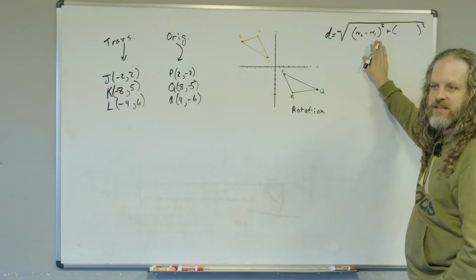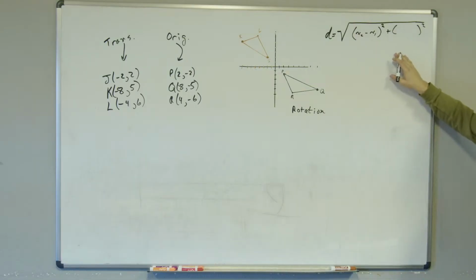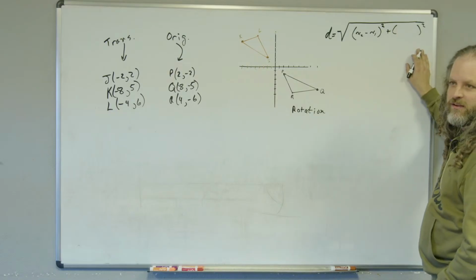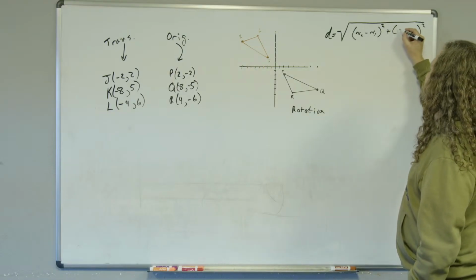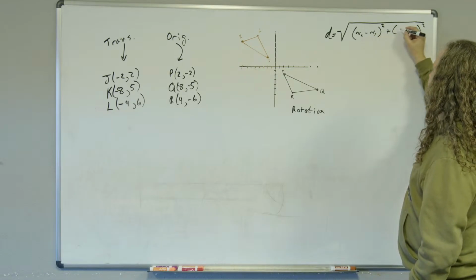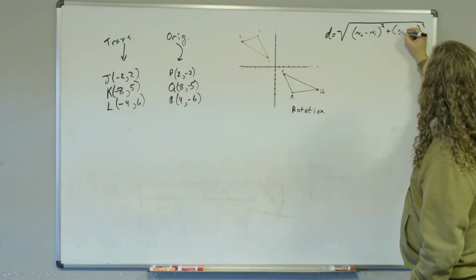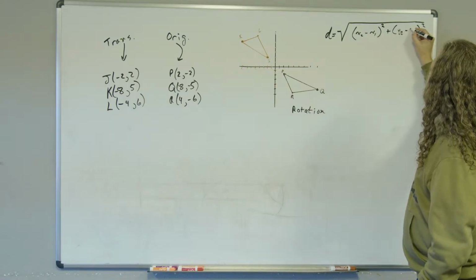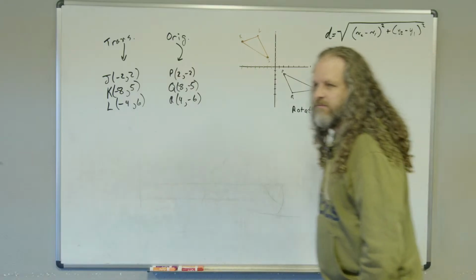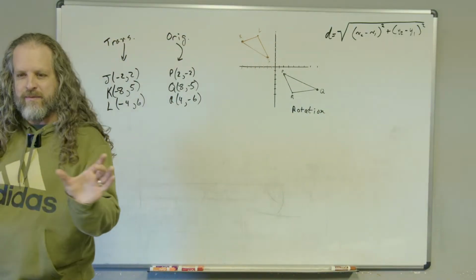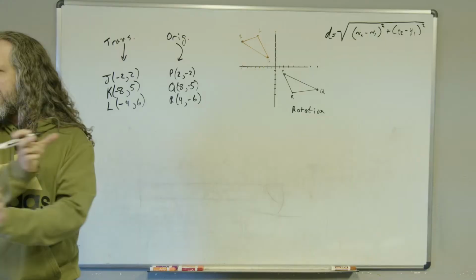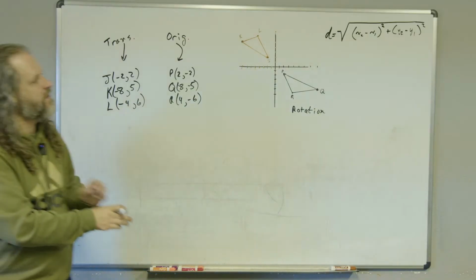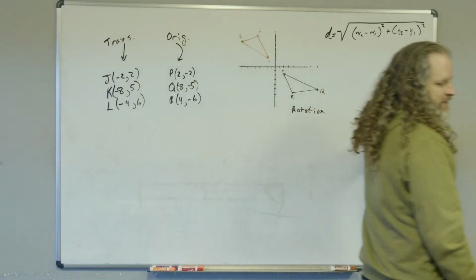So if you want to memorize it that way, that's fine. It's the same because of the plus and the squares. If you do y2 minus y1 plus x2 minus x1, either way is fine. They are both the same mathematically, right? Since it's a plus in the middle, we can switch that order and it doesn't matter, as long as it's the x's together and the y's together, right?